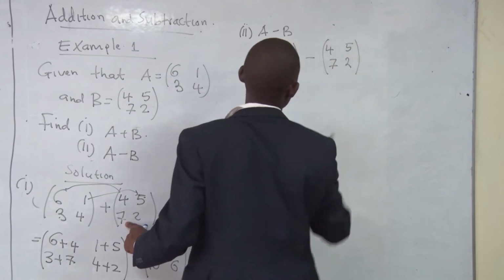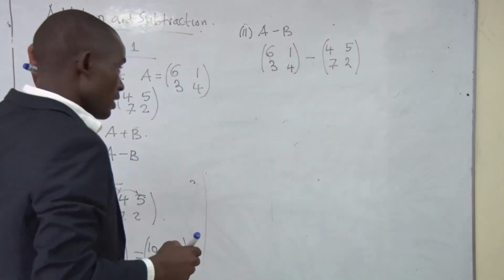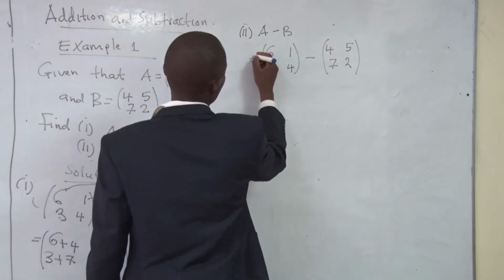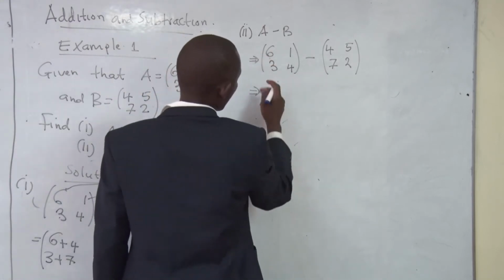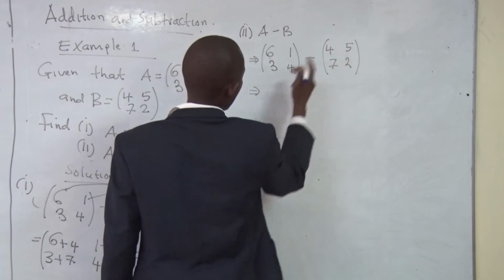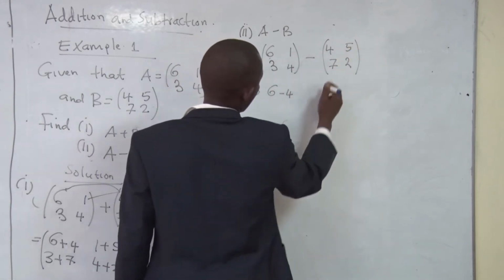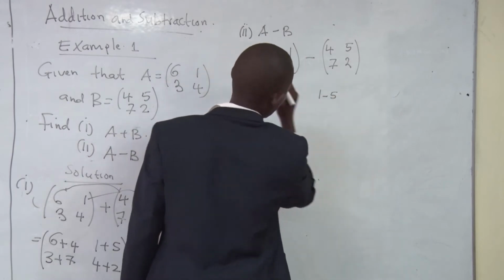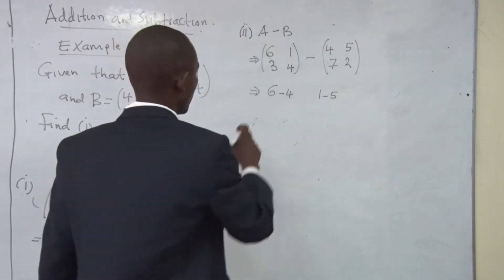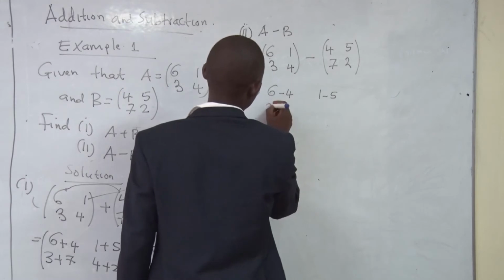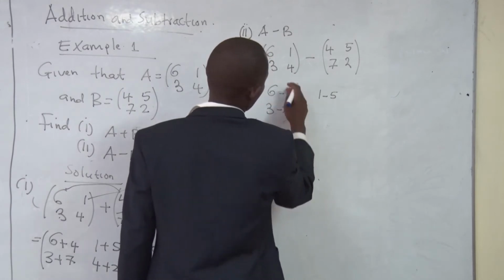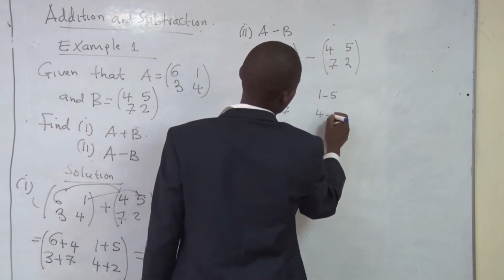We have that. So what we need to do, we take 6 minus 4, 1 minus 5, the same thing we did to addition, but in this case we are subtracting. 3 minus 7, and then 4 minus 2.